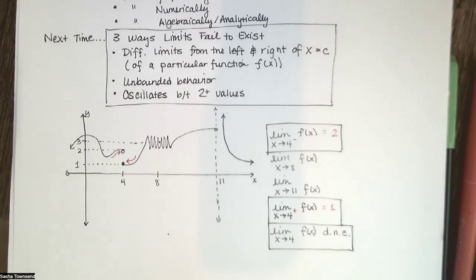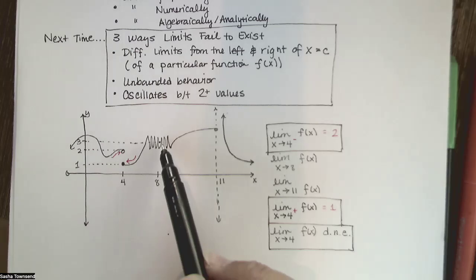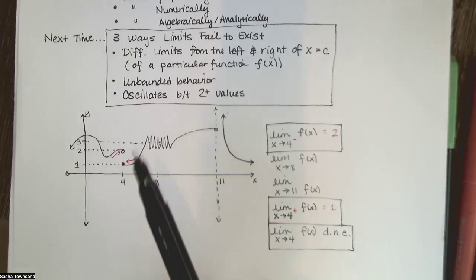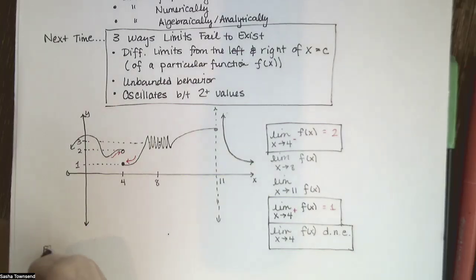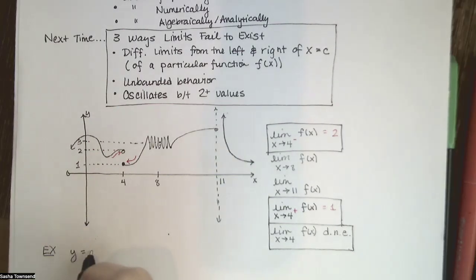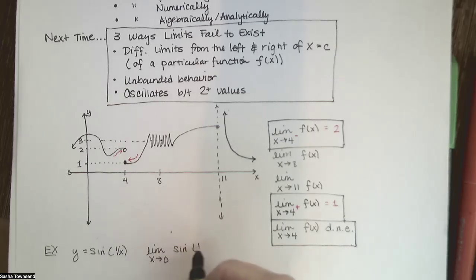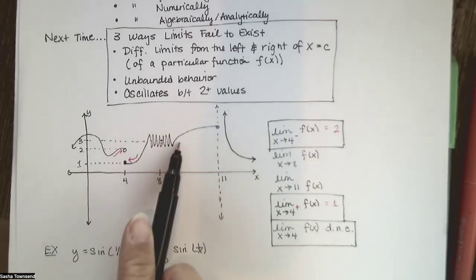Now, it's also possible that our limit can fail to exist if the function oscillates rapidly between two values as x approaches that particular number. And there's a particular example that's really interesting. We're going to look at that in a different video. We'll have y equals sine of 1 over x. When we look at the limit as x approaches 0 of sine of 1 over x, it's going to have very similar behavior in the graph to this graph that I've drawn here.